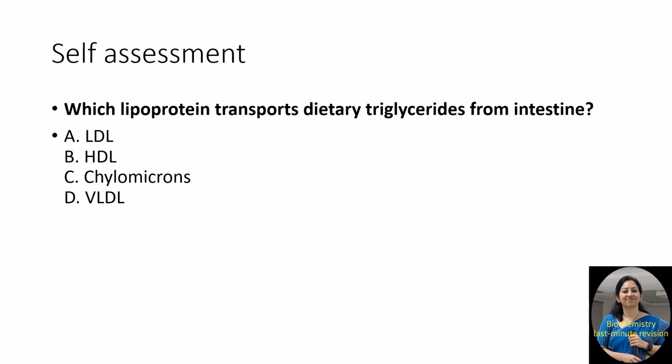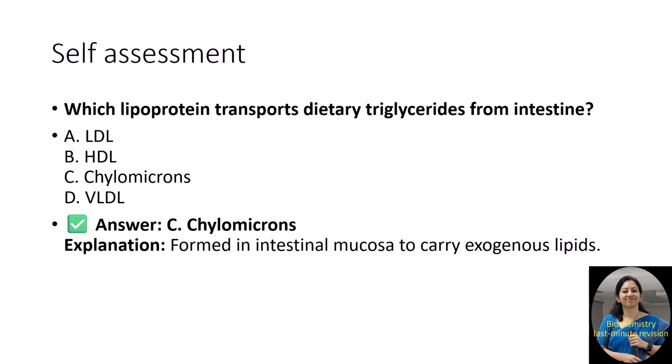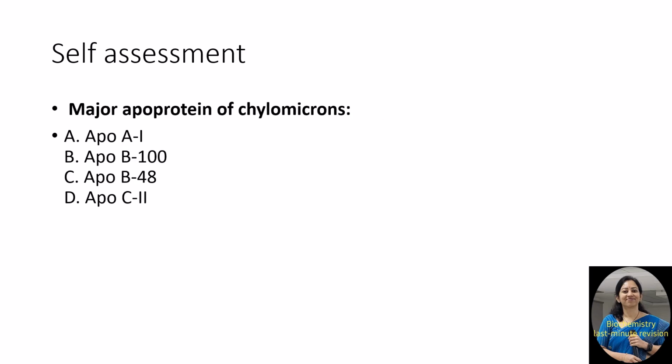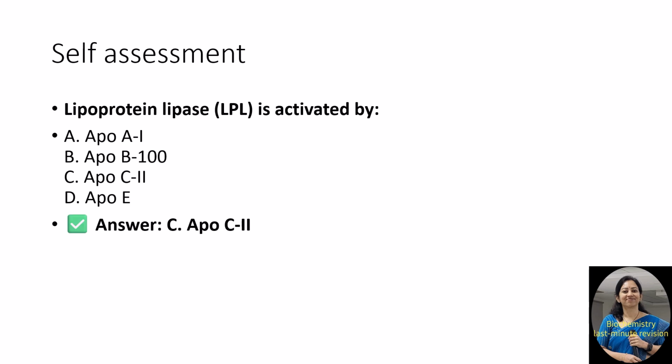Coming to the question segment: which lipoprotein transports dietary triglycerides from the intestine? Simple, chylomicrons, which are formed in the intestinal mucosa. They carry exogenous triglycerides. Major apolipoprotein of chylomicron is B48. Lipoprotein lipase is activated by C2. This C2 is donated to VLDL and chylomicron by HDL2.